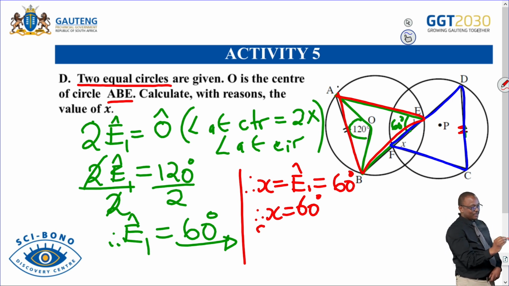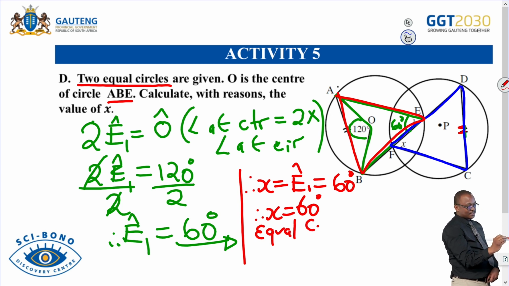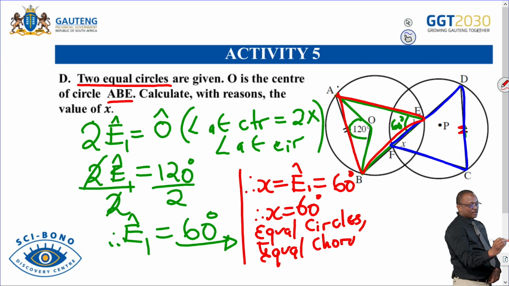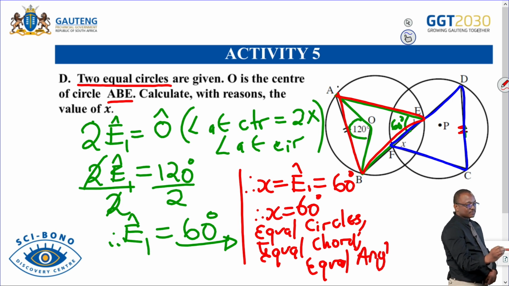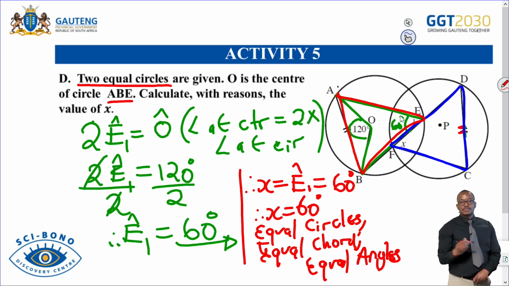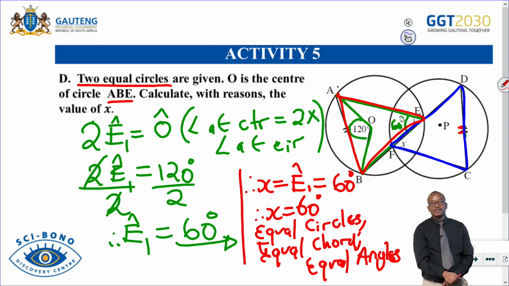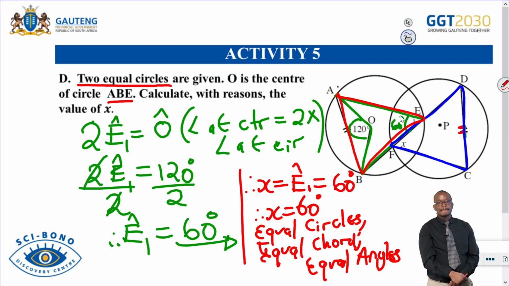The reason is equal circles having equal chords, equal angles. So that's how you interpret and solve that type of question.